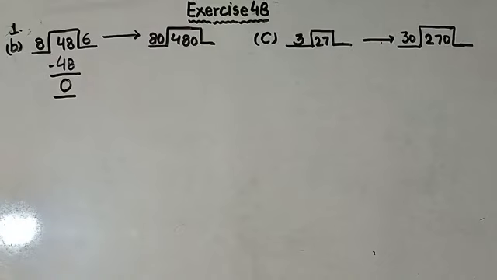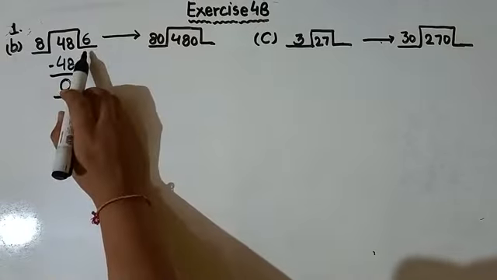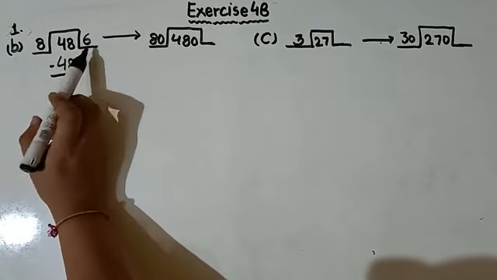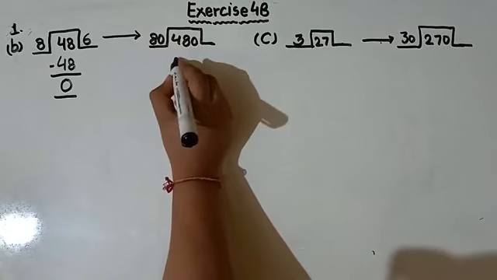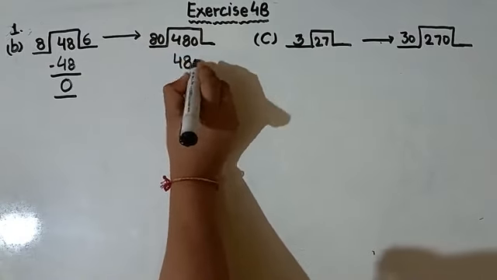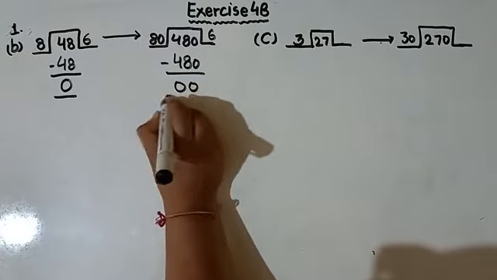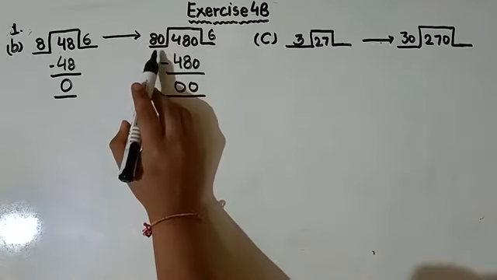Now what is the quotient? Use the first quotient to help find out the second quotient. See, here we have 16. See, if 48 comes in the table of 8 6 times, then 480 will also come 6 times in the table of 80. See how?